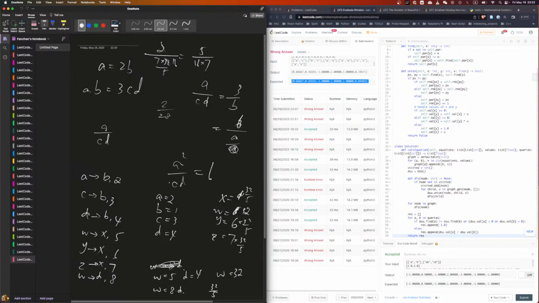Why is this not right? Yeah, because D is not supposed to change A, B, and C. But how do we know which side is which? They're all connected now.